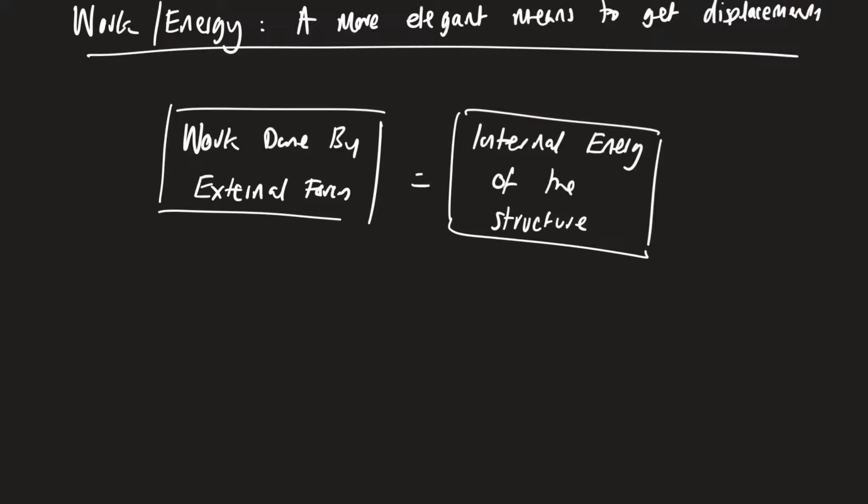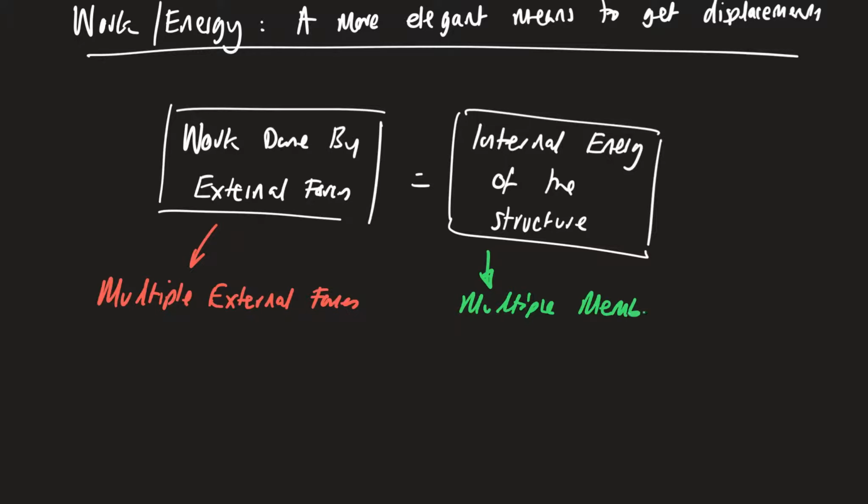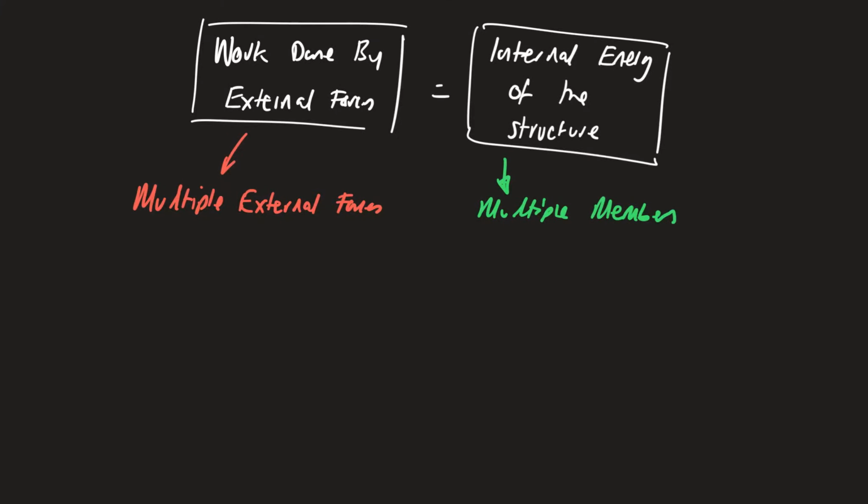So we can have a structure with multiple external forces. And we can obviously have structures with multiple members. And we'll write these down, and we'll say that if we've got a structure with P external forces, we'll use big P and little p there.